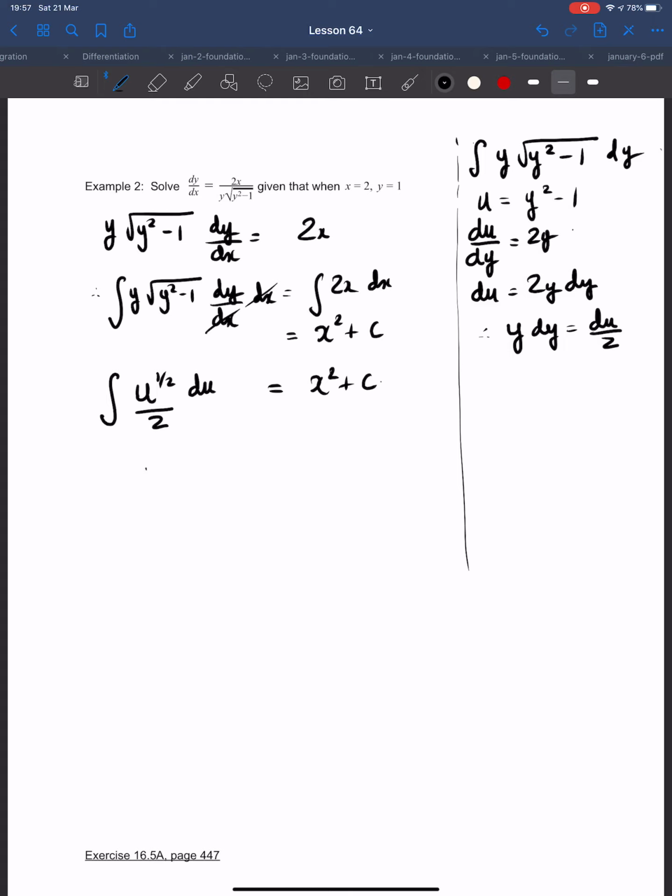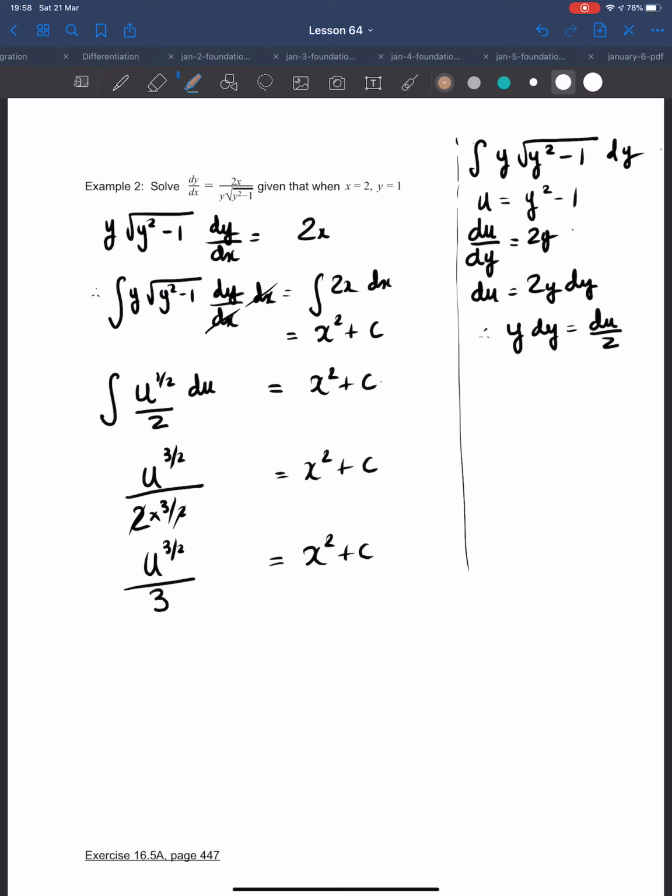Now this is just add 1 to the power, divide by the new power, and multiply with the 2 that's there already. I'm just going to leave the c that we've got already. The 2's cancel, and then we rewrite: u to the power 3 over 2 over 3 plus x squared plus c.